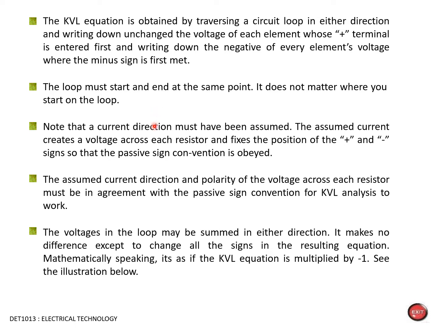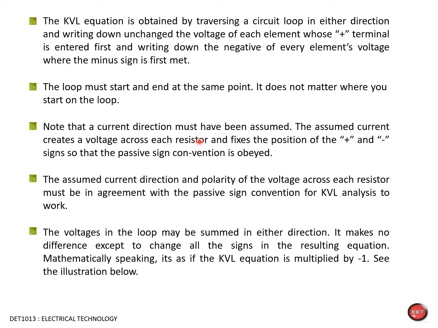Then the other point which you have to know is, note that a current direction must have been assumed. So when you are traversing, moving around the loop, you should imagine the direction of the current. The assumed current creates a voltage across each resistor.